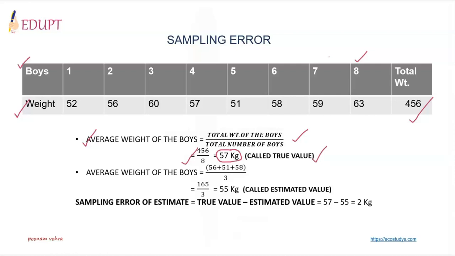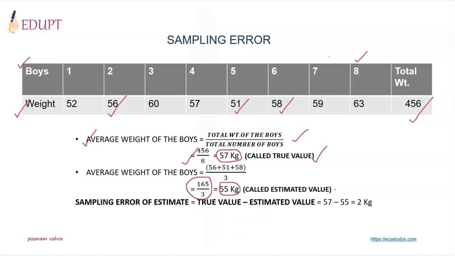Now, suppose we take the average weight of 3 boys, which are 56, say 51, and 58. These are randomly chosen. Now, if we find the average weight of these 3 boys, then the average weight comes to the total of the 3 weights, which is 165 divided by 3, that is 55 kgs.